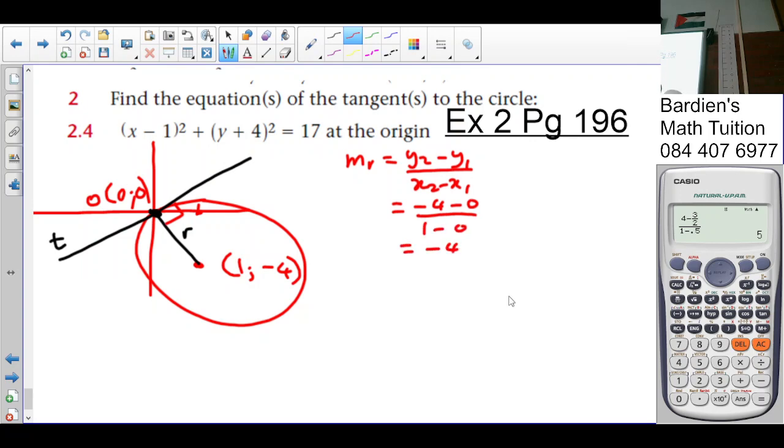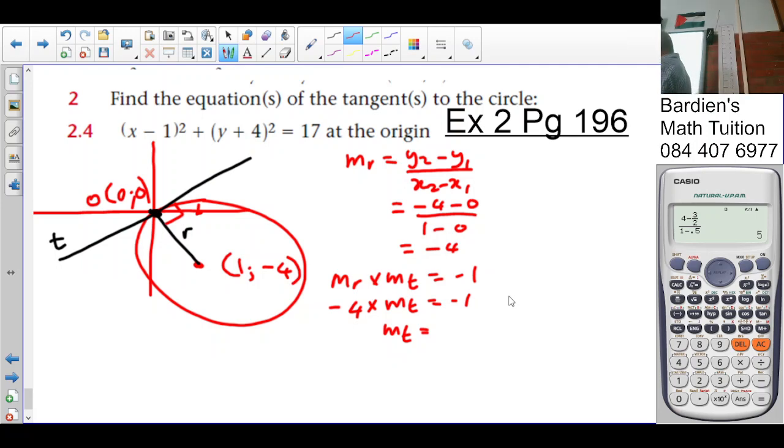Can you see the radius line is decreasing? So it makes sense why it's negative. So we know the gradient of the radius times the gradient of the tangent is minus 1. The gradient of the radius is negative 4, so negative 4 times the gradient of the tangent is negative 1. The gradient of the tangent is going to be a quarter.